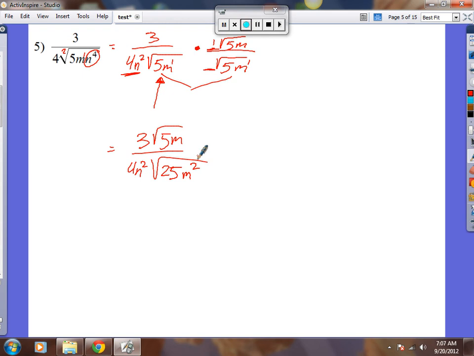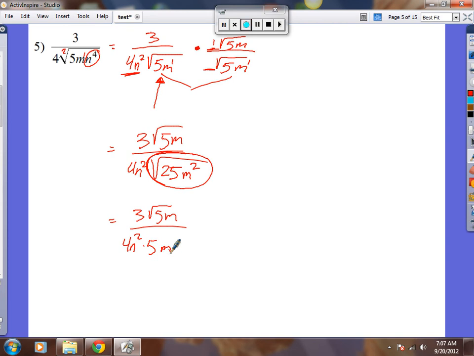Now you strategically created this because it's going to clean up. On top you're going to have 3 times the square root of 5m. On bottom you're going to have on the outside 4n squared times the square root of 25 is a whole number 5, and the square root of m squared is just m.